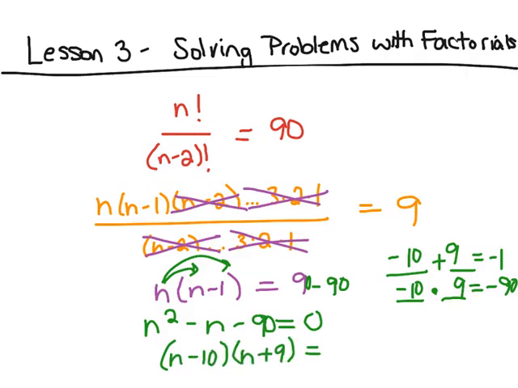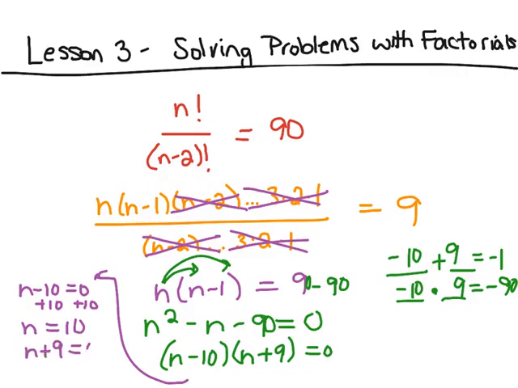To solve this, either n minus 10 equals 0, add 10 to both sides, so n equals 10, or n plus 9 equals 0, so we subtract 9 from both sides, and n is equal to negative 9. Because we can't do the factorial of negative 9, this will not be a solution. So our answer is n equals 10.